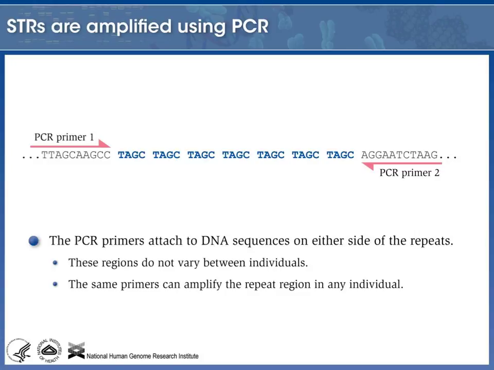So here we are. We amplify, in this case, this repeat, or we amplify the DNA of SNPs, whatever it is, with PCR, polymerase chain reaction. The PCR primers don't vary, but in between the actual repeats, they do vary by individuals.